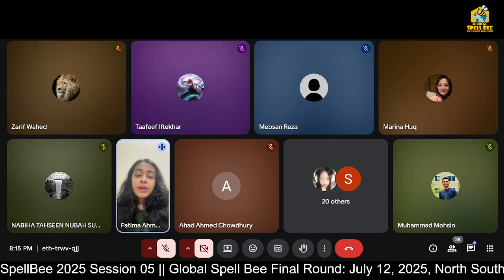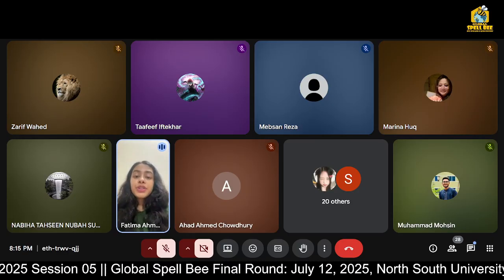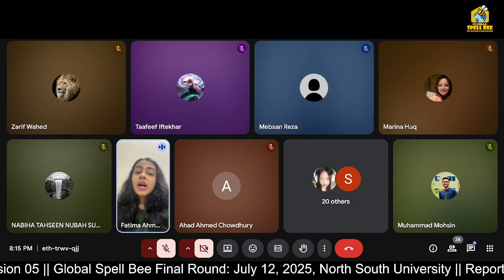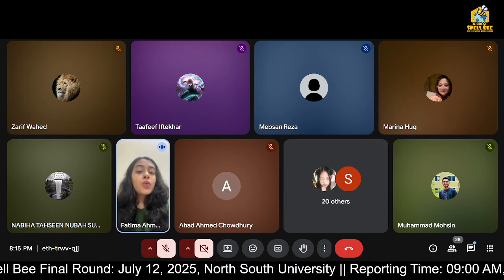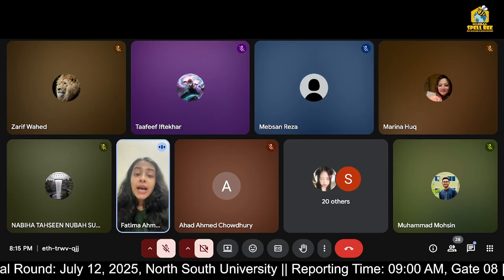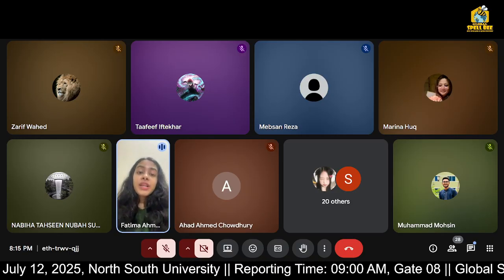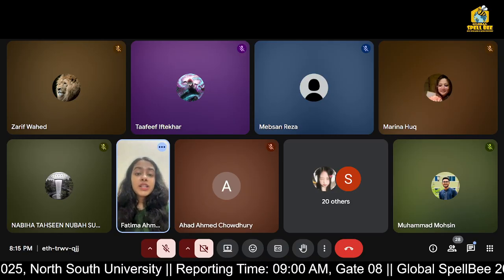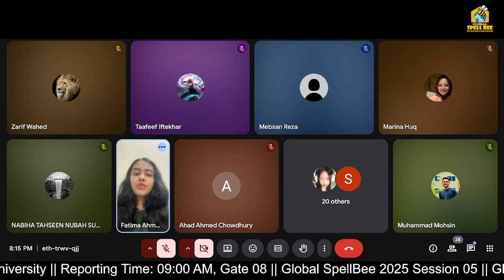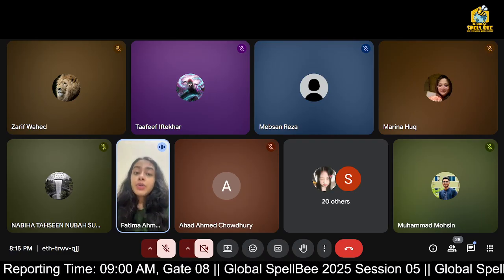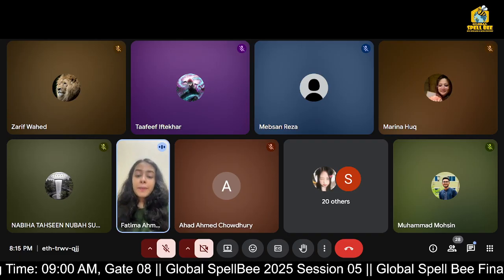Now, for the idiomatic expression, suppose there's a certain one, a heart of gold, right? For this one, according to the book, the answer is a kind person. So when there's a certain idiomatic expression, you need to write exactly what it means.